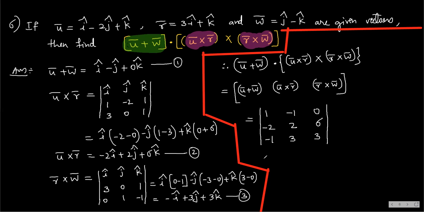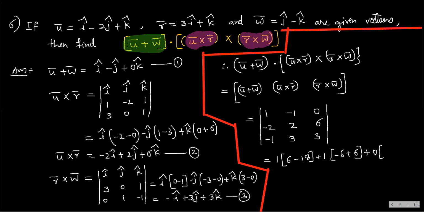Let's solve this. So you get here 1 into 6 minus 18, plus 1 into minus 6 plus 6, plus 1 into minus 6 minus of minus 6, that is plus 6, plus 0 into this into this minus this into this.